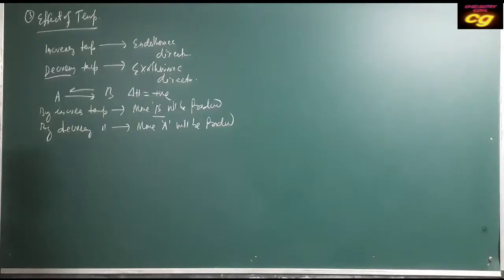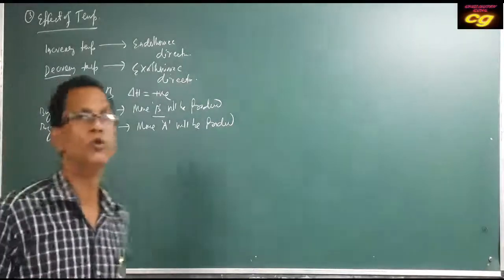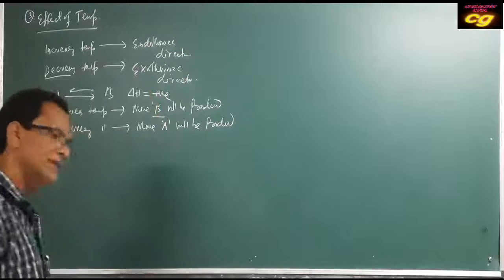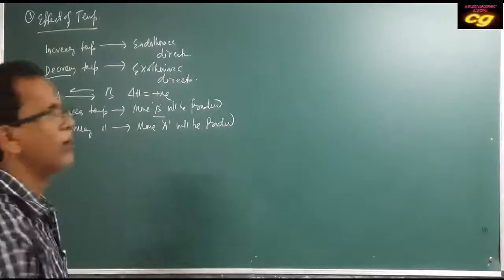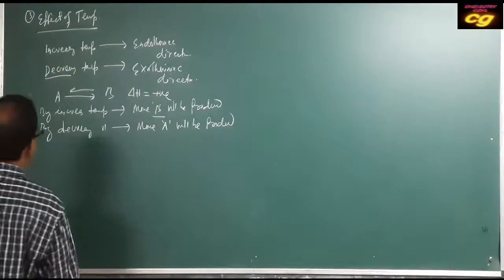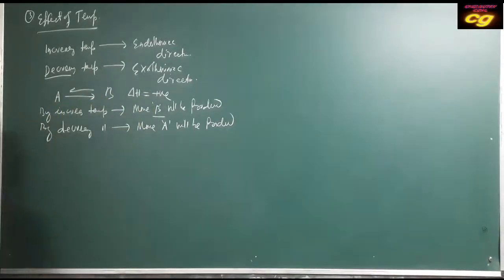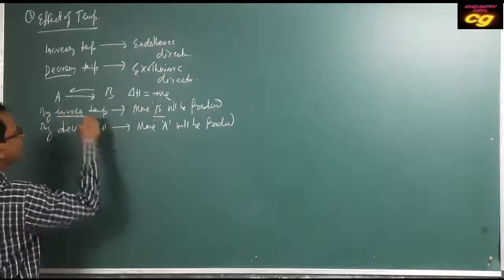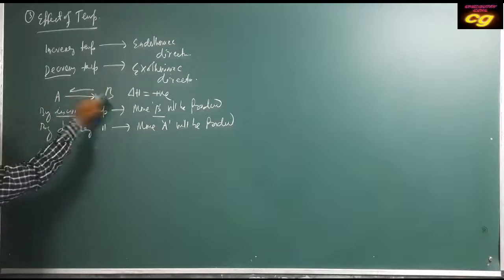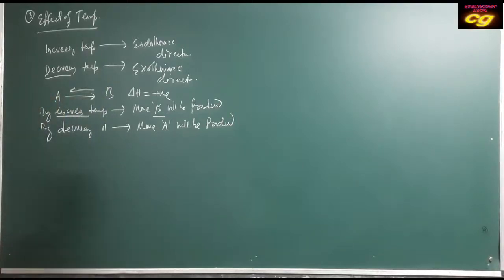We have to see in which direction the equilibrium will be shifted, and accordingly you will get the amount of reactant or product. As A changing to B is endothermic, increasing temperature will move towards B, but decreasing temperature moves towards A because B to A is exothermic. So this is the very important explanation of the effect of temperature.